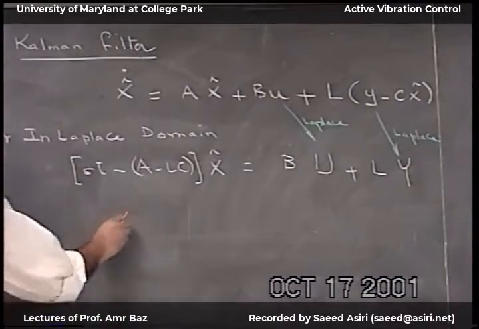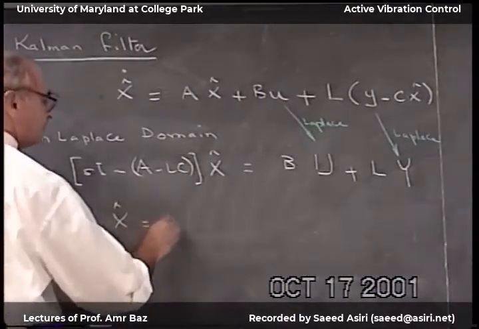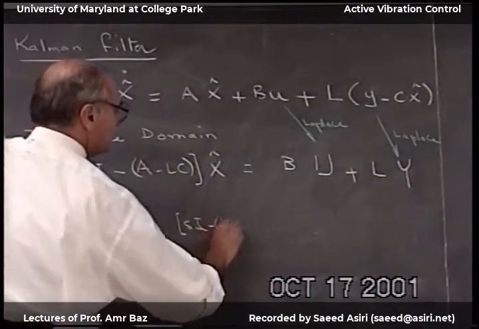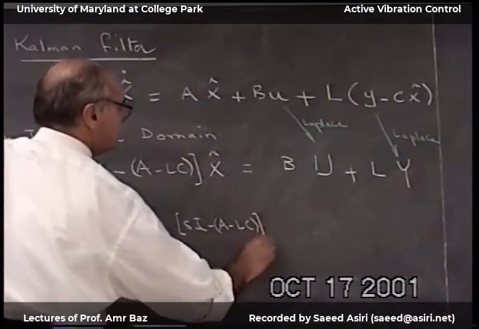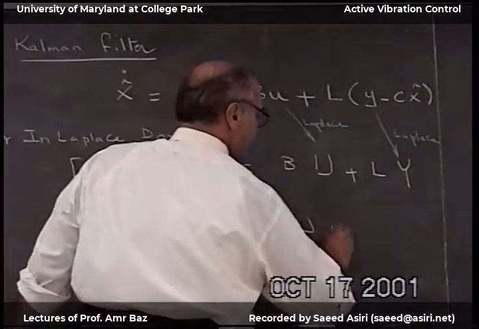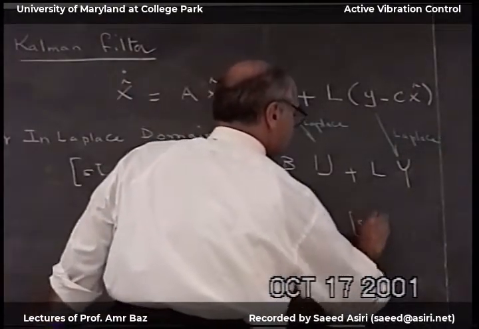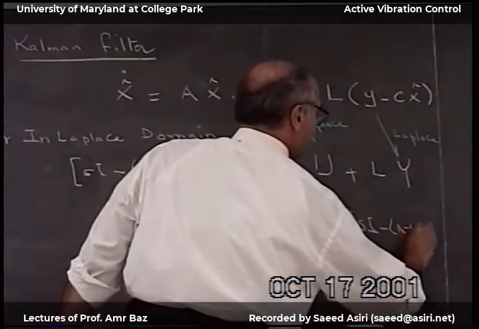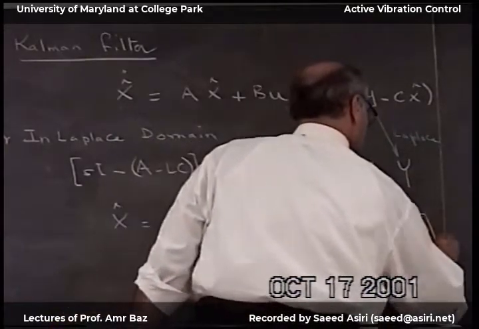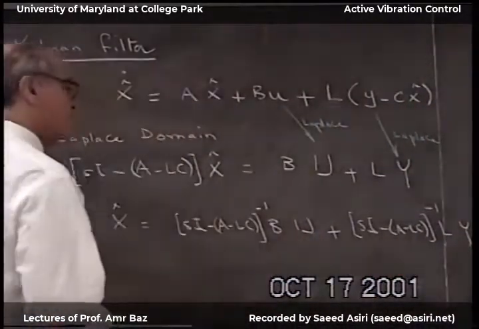And from here, X hat will equal sI minus A minus LC inverse B U plus sI minus A minus LC inverse L Y.